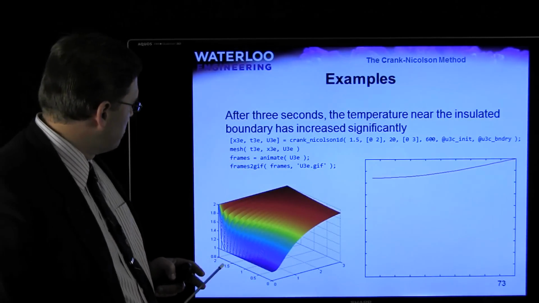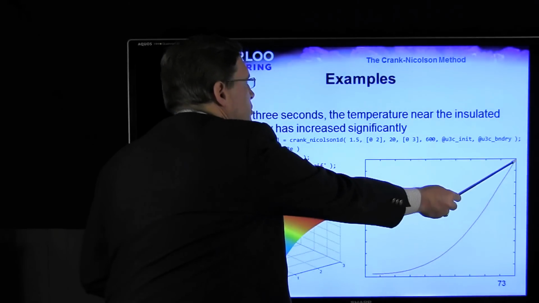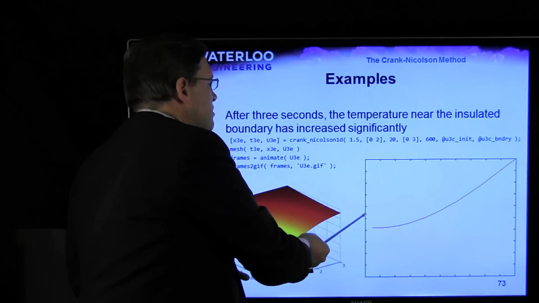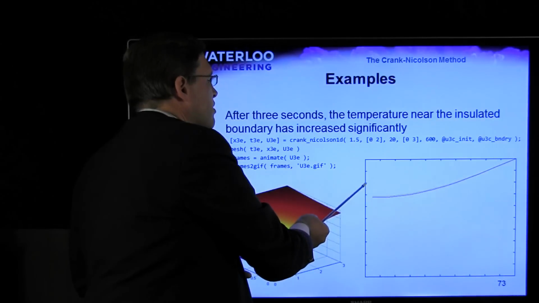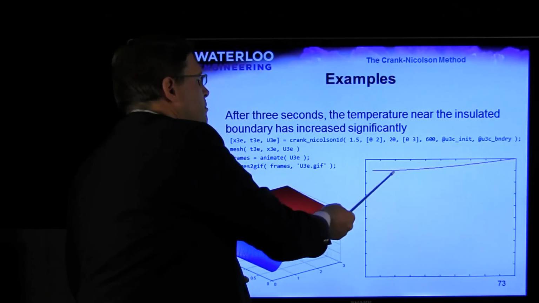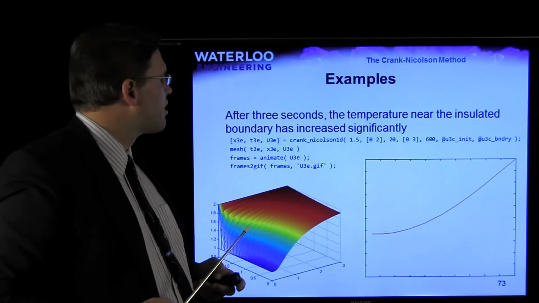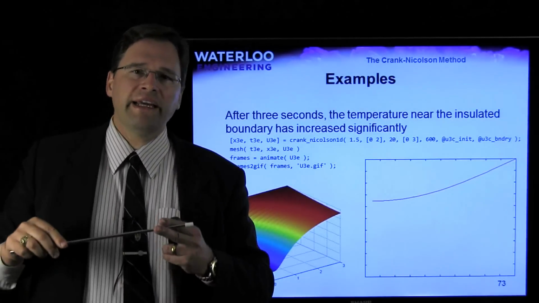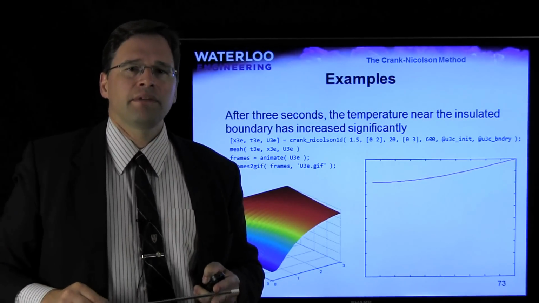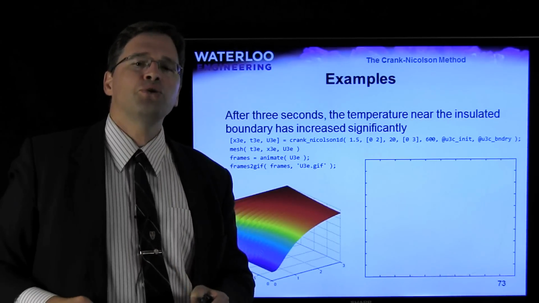And as we can see, temperature very quickly heats up to 2 degrees, and more slowly, the rest of the bar begins to heat up. The less the concavity, the straighter the line, the slower the increase in heat is. Again, that's just a consequence of the heat conduction diffusion equation.